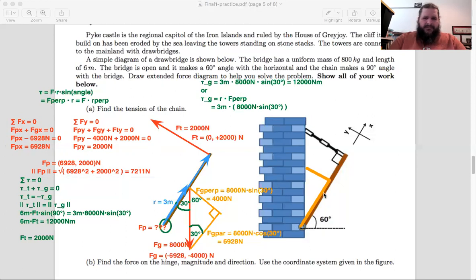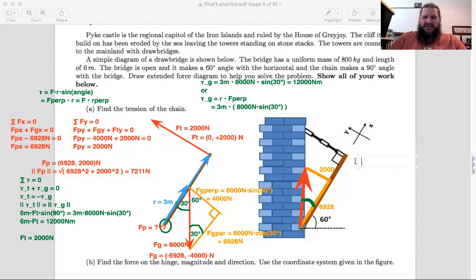We have 6,928 and 2,000. And what we're actually looking for is this vector. So when we take the inverse tangent, we're actually going to be finding this missing angle. So let's try that inverse tangent.